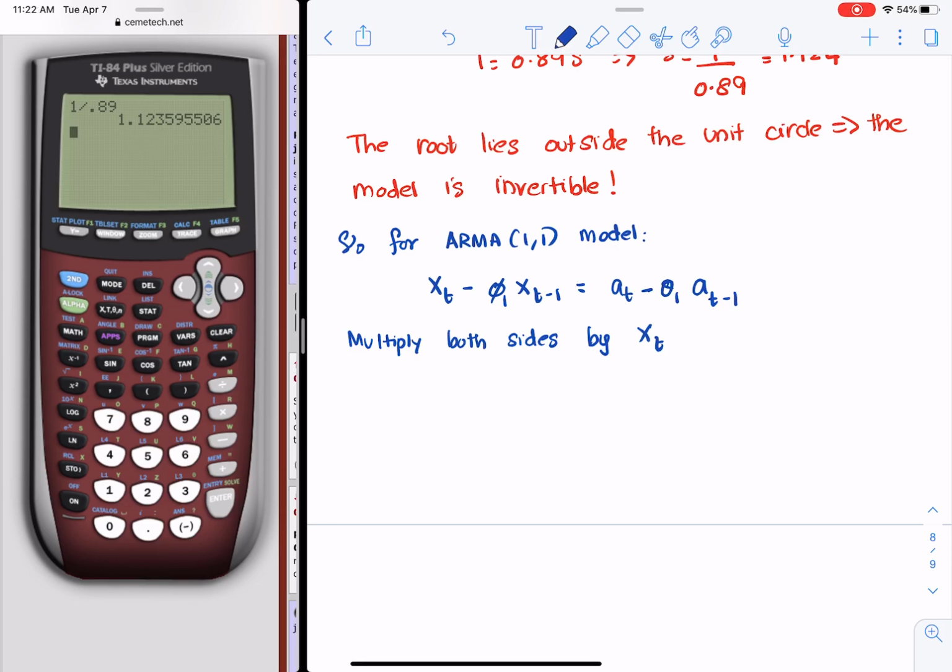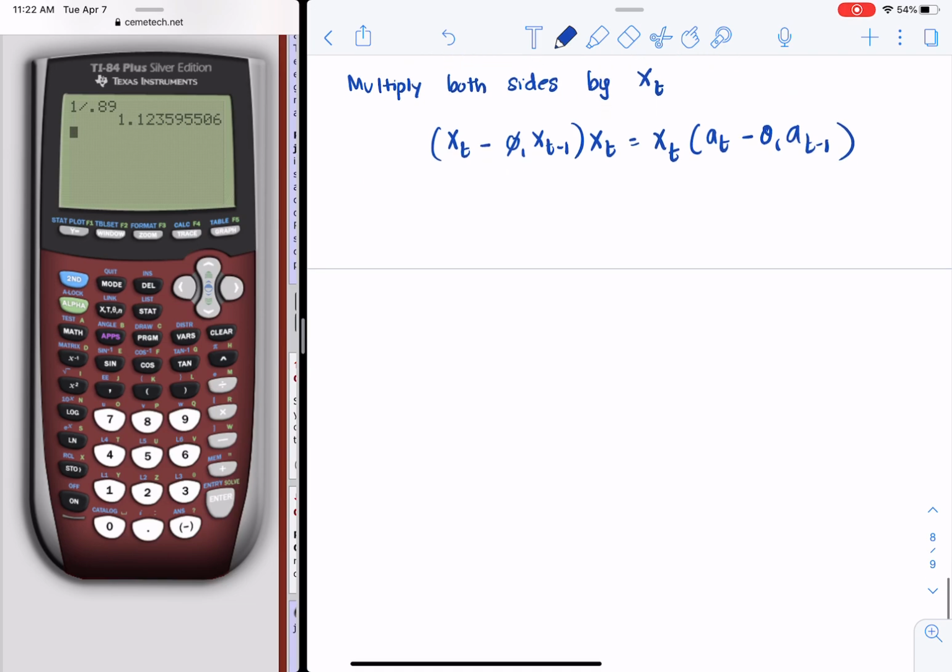So we have x sub t squared minus phi 1 x sub t times x sub t minus 1 equals x sub t a sub t minus theta 1 a sub t minus 1 times x sub t.